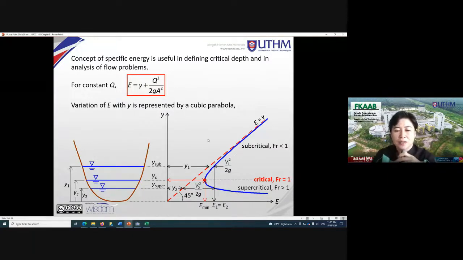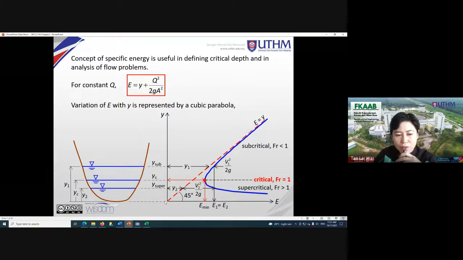Now, the next one, let me explain this graph here. If you look at this dashed line, I wanted to show that this is the line of E equals y.